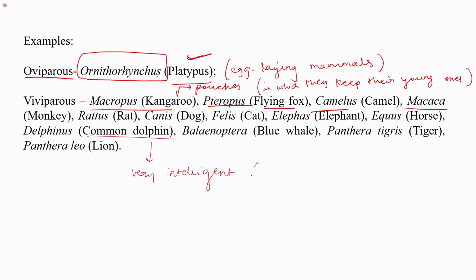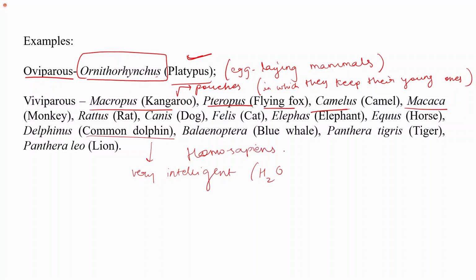Also, they live in water, and can come out of it also. Then the blue whale, which weighs a lot, as I mentioned, and Panthera tigris, the tiger, and Panthera leo, the lion. Humans also come under the class Mammalia, Homo sapiens.